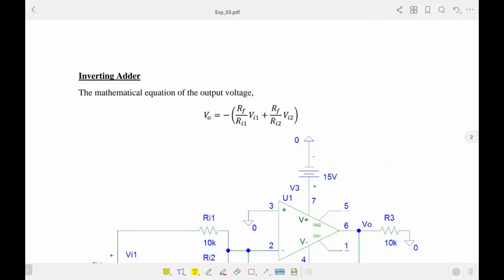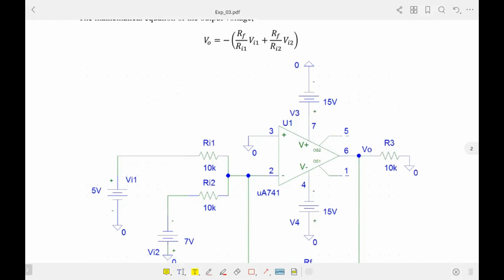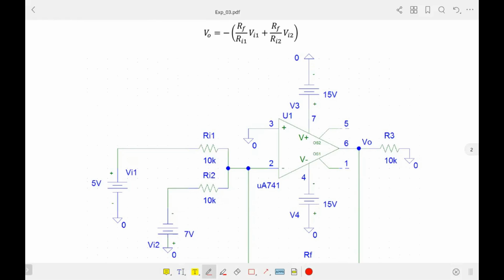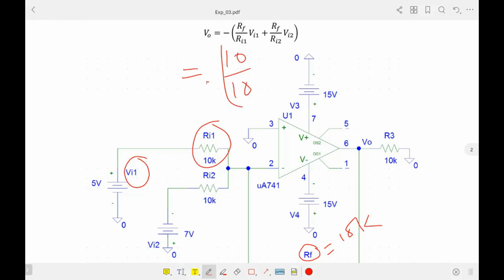So for VI1, the feedback is 10k, and the input resistance is also 10k. If you put in these values, obviously it is 10 divided by 10, with a minus sign. And for RI2 I have also written 10k, so that means it is again 10 divided by 10. So here it was VI1 and then VI2, and you can easily derive this.